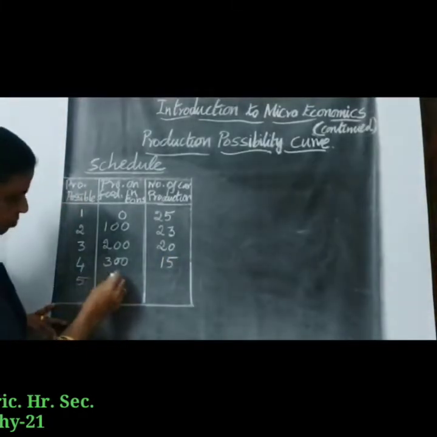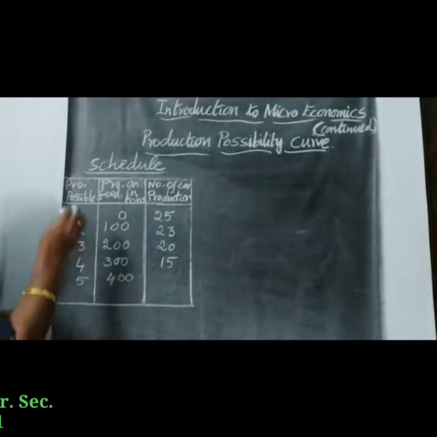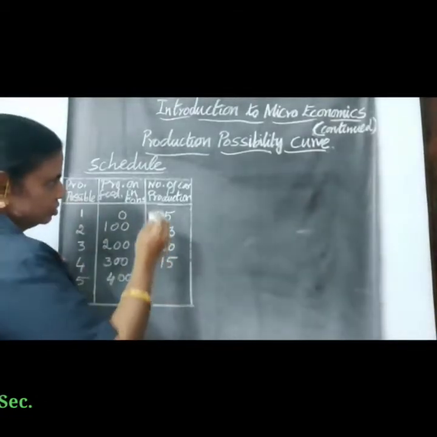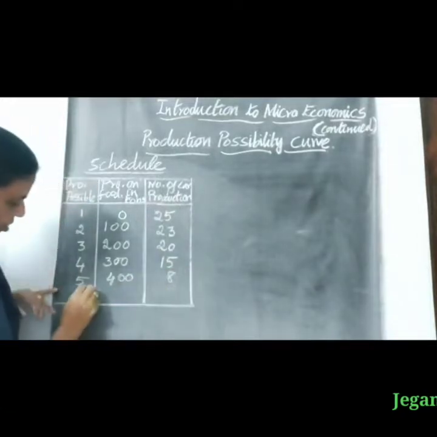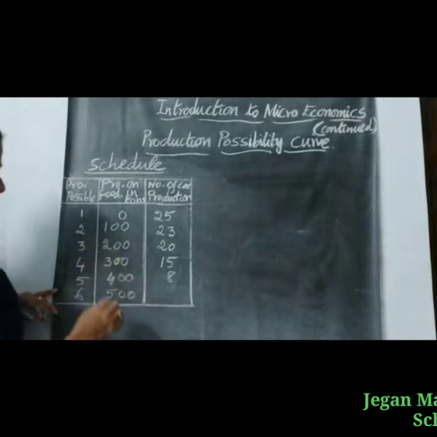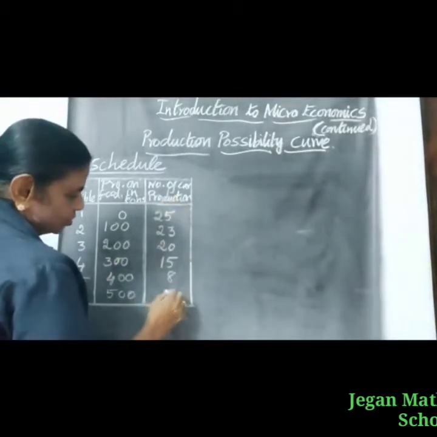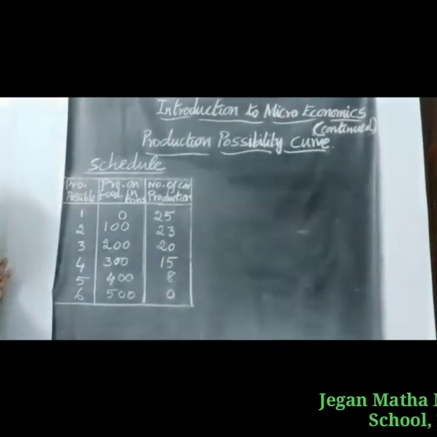And fifth, 400 tons of food production, the number of cars produced goes down to 8. Sixth, when production of food reaches 500 tons, number of cars produced becomes 0. So this is the schedule of production.